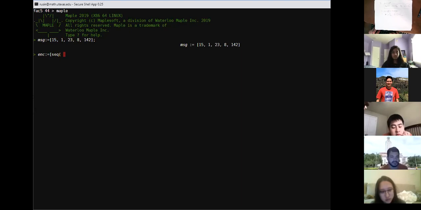All I'm going to do is take each one of these alphas and raise it to the 7th power modulo 143. And I'll do that for each alpha that's a member of this thing called message. Unfortunately, Maple doesn't have a character that looks like the element symbol. They just use an equal symbol, which I know is kind of confusing. But there we go. There's our encrypted message.